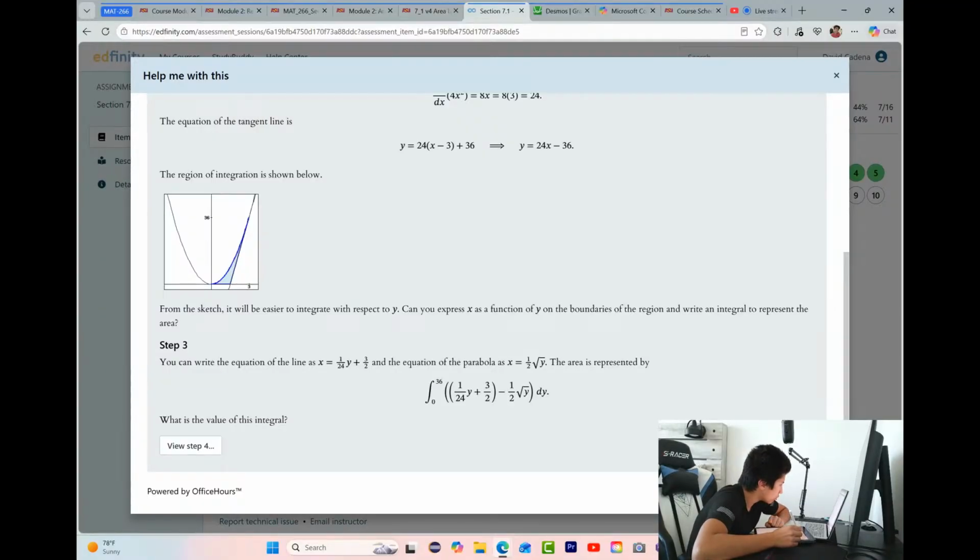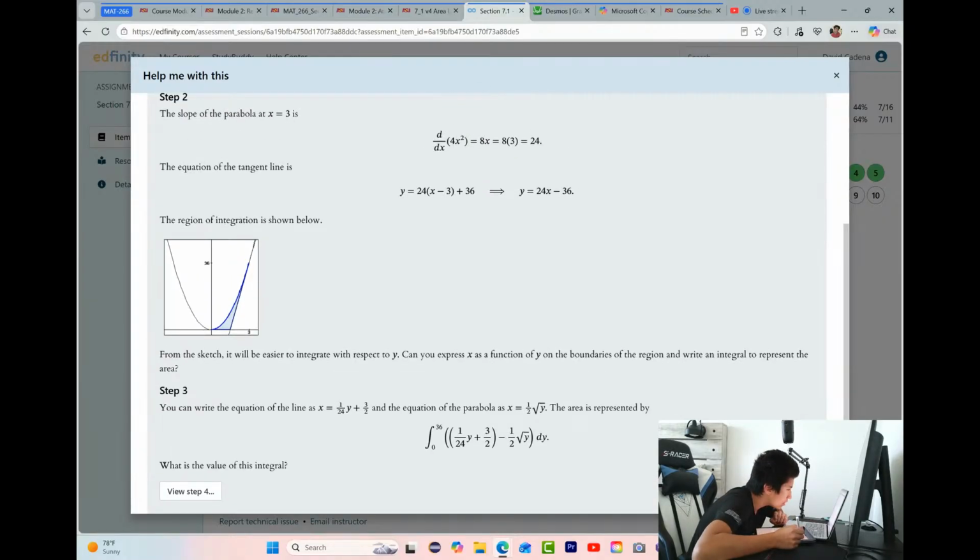You can write the equation of the line as x equals 1 over 20 times y plus 1. Why can we do that? Can you express x as a function of y on the boundaries of the region? Guys, I'm gonna crash. So to solve for x, right? Yeah, solve for x.